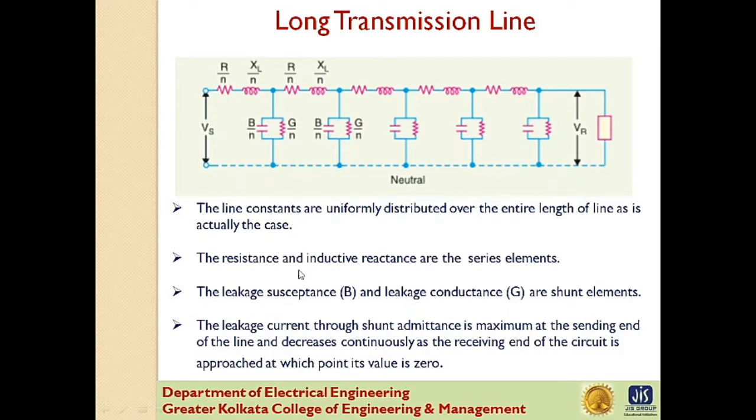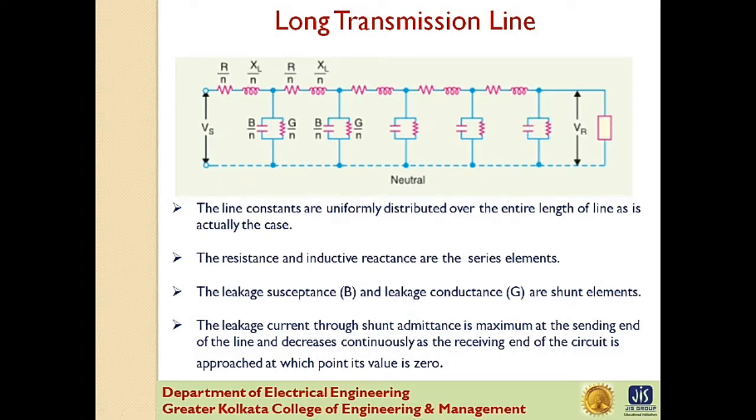Now these are the important points. The line constants are uniformly distributed over the entire length of the line, as is actually the case. Second, the resistance and inductive reactance are the series elements. The leakage susceptance and leakage conductance are the shunt elements.